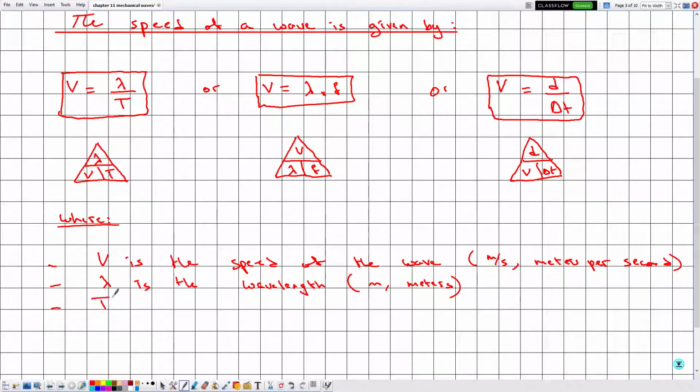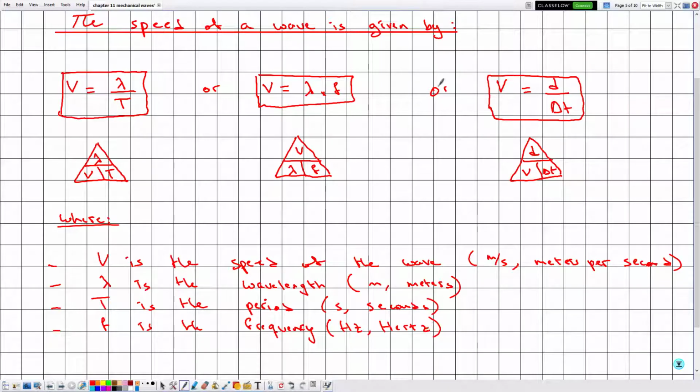Capital T is the period, whose SI unit is given by s, which stands for seconds, and f is the frequency, and its SI unit is given by Hz, which stands for hertz.